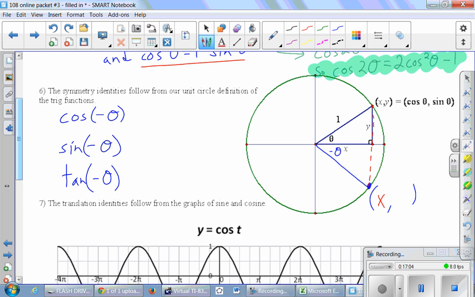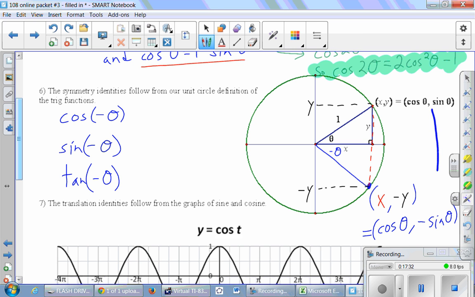So that x is still x. And the y-coordinate, let's do this one in another color, must be the same as this y-coordinate, except it's got to be the negative because it's down below. So this is really x and then the opposite of whatever the y is. We said x was cosine theta, so that's fine, comma, but then instead of y, it's got to be negative y, which is negative sine of theta.